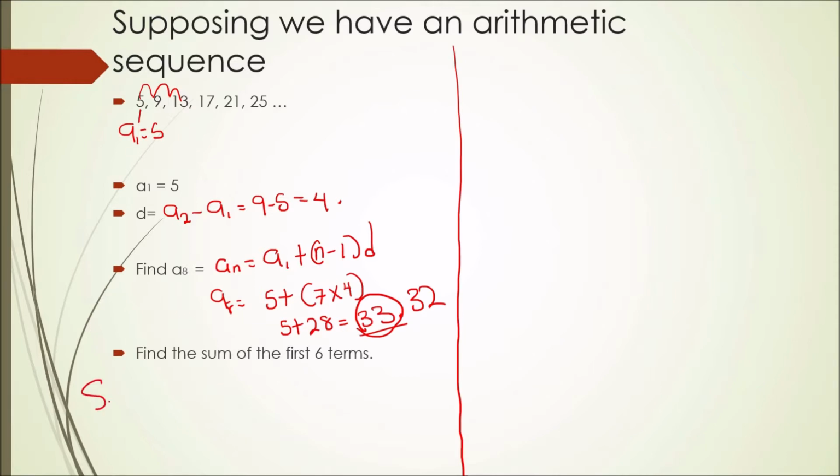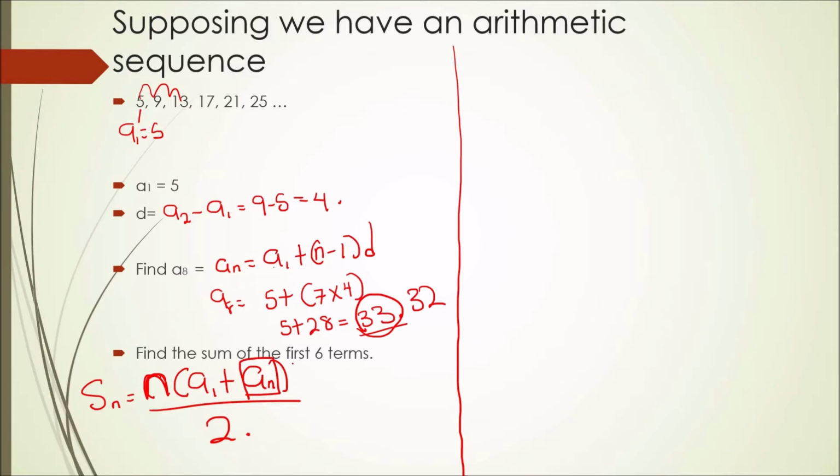we're going to use this formula. The sum of the first n terms, Sn, will be n bracket a1 plus an, over 2. And remember, an is also a1 plus (n minus 1)d.